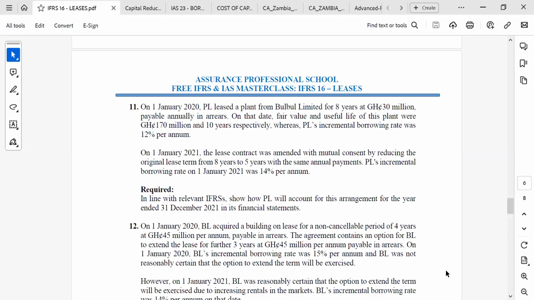Okay. So how much are they paying as the lease rentals every year? 30 million. Okay, so 30 million.